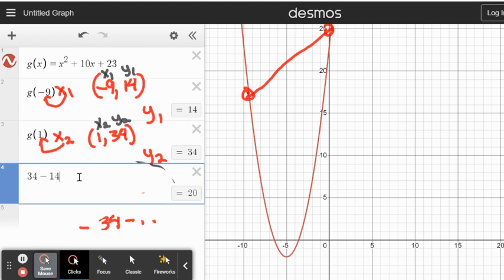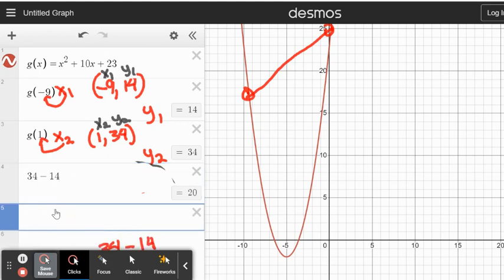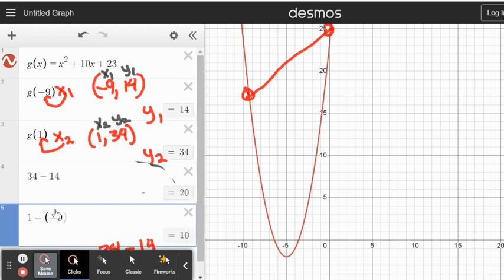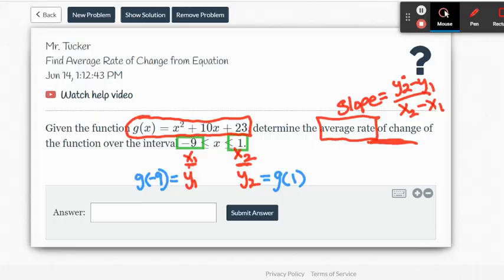Now, the only issue that you're going to have with Desmos is it won't reduce fractions for you, so I'm going to do them separately and do 1 minus -9. This one would have worked out fine because it's going to be 20 divided by 10. So the answer is 2. But if it was something different like 3 over 2, it would give you the decimal. So make sure you do them separately so you can actually see what the result is. My whole answer was 2 because it was 20 over 10.